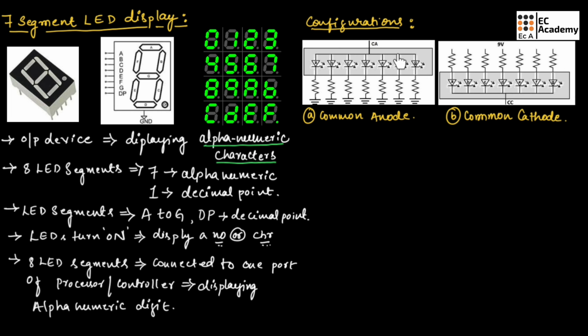There are two configurations of 7-segment LED display. The first one is common anode configuration and the second one is common cathode configuration.